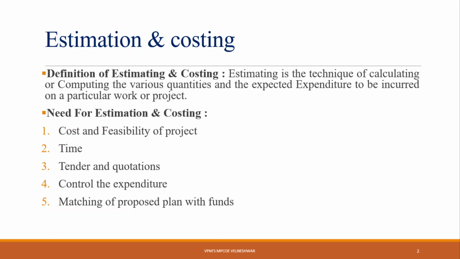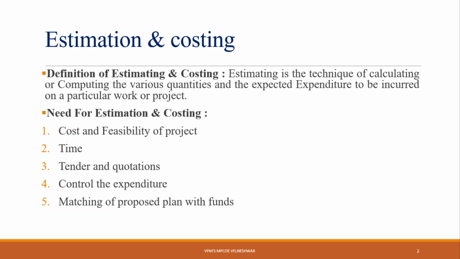The second requirement is a detailed specification about the workmanship and properties of material, etc. The third requirement is the standard schedule rates of the current year, meaning the district schedule rate, the DSR. Every year the district publishes the rates for items, and that is called the district schedule rates. These are all the requirements for doing the estimate.